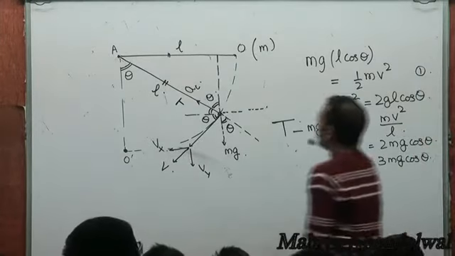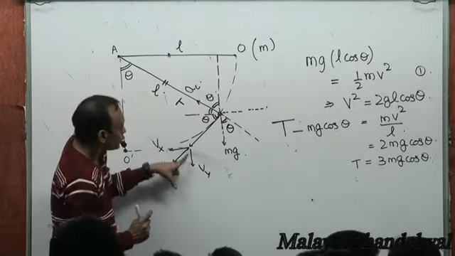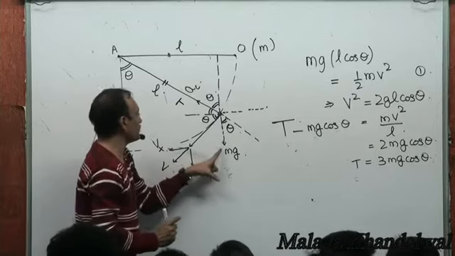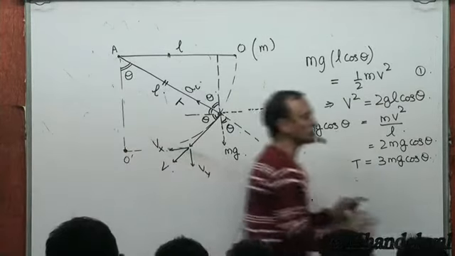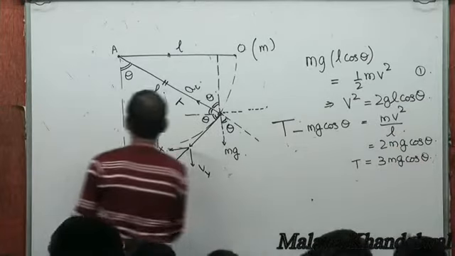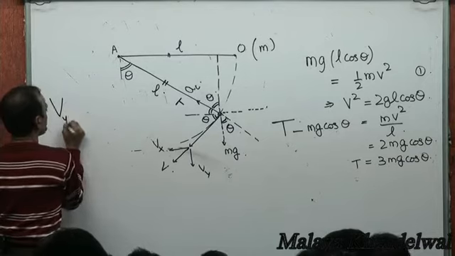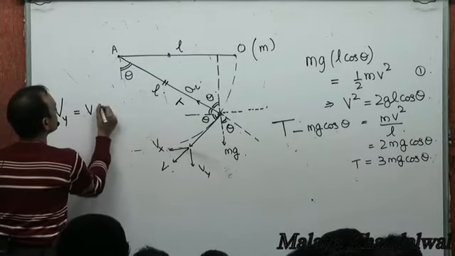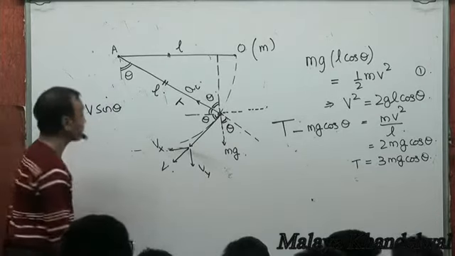Okay. Suppose I have obtained V. Then what's the vertical velocity? V sine theta is the vertical velocity, right?